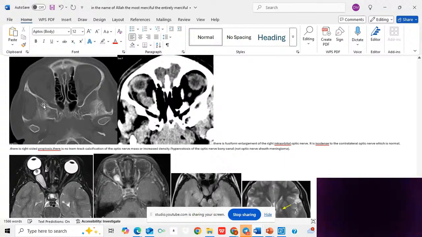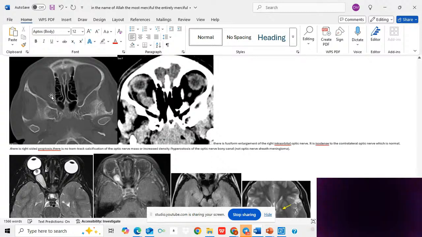Here you need to check that there is no increased density or hyperostosis of the optic nerve bony canal. And here you need to check that there are no tram track calcifications of the enlarged optic nerve.